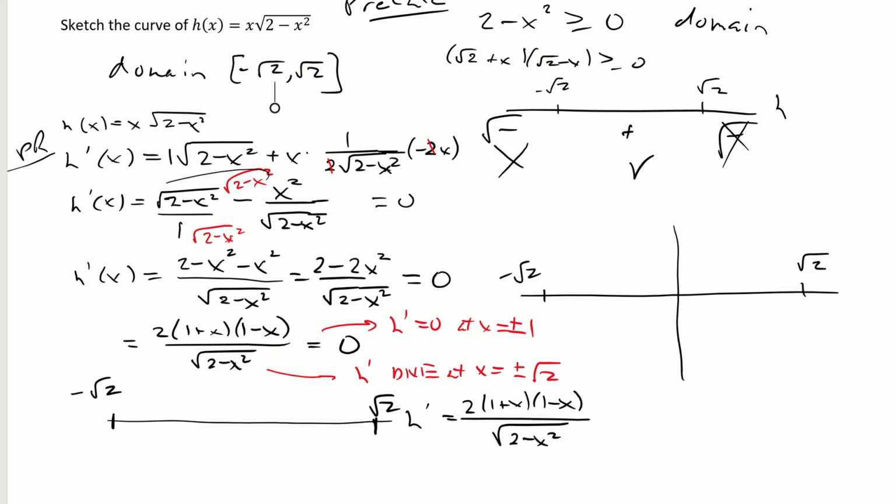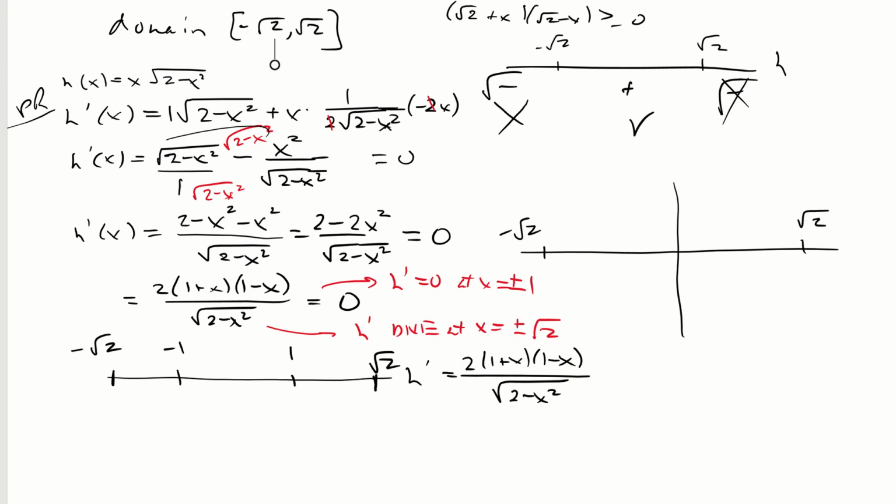In between there, though, guess what? We've got a minus 1 and a 1, interestingly enough. Not to scale, but there it is. And we are going to test the sign of the derivative there. So that means we're going to plug in numbers like, say, x equal to, did you know that this is like negative 1.4 or something like that? So how about negative 1.1 here?